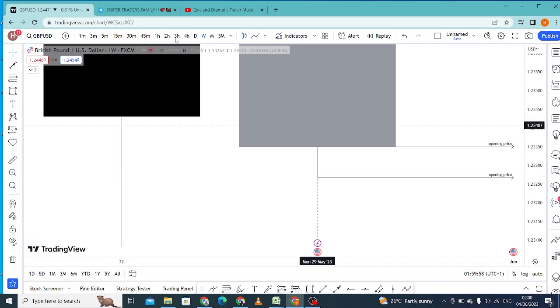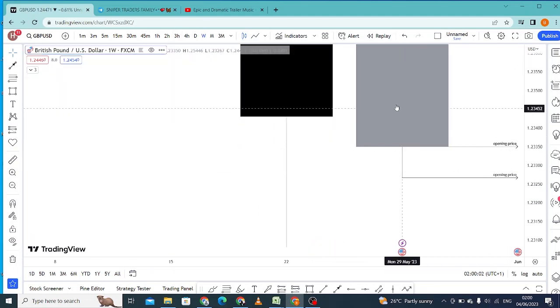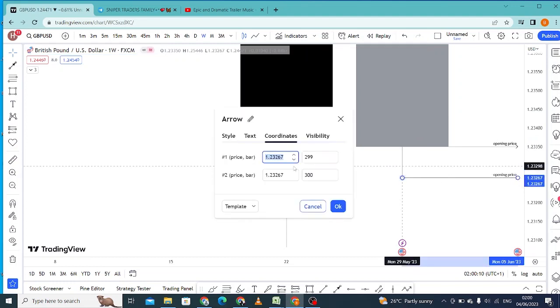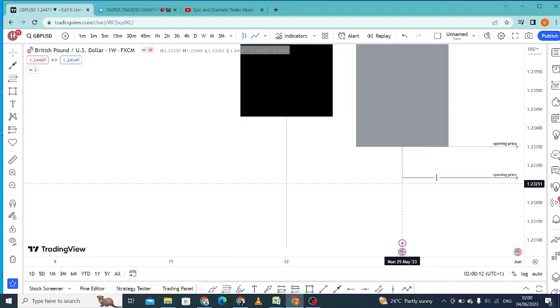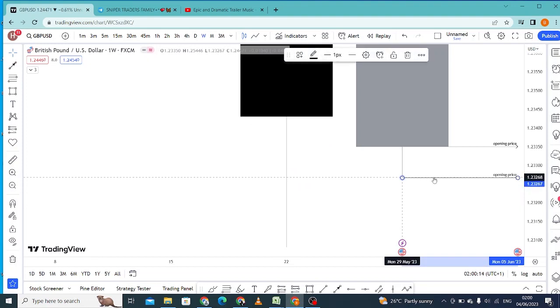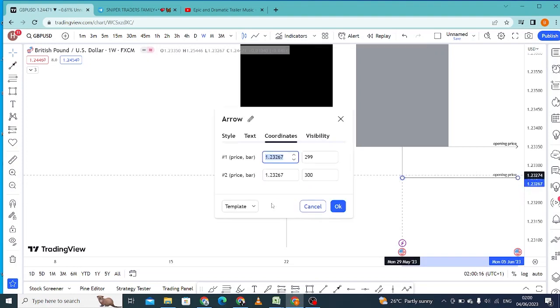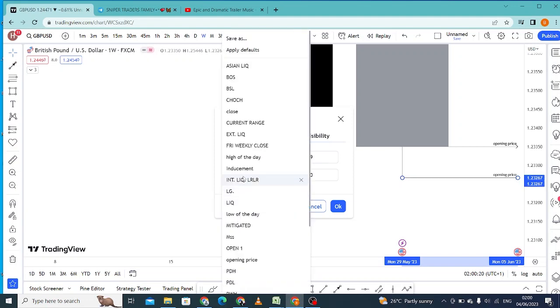We know that the low is 1.23267, which is correct. So this is the low of the week. The low of the week was created at 1.23267.